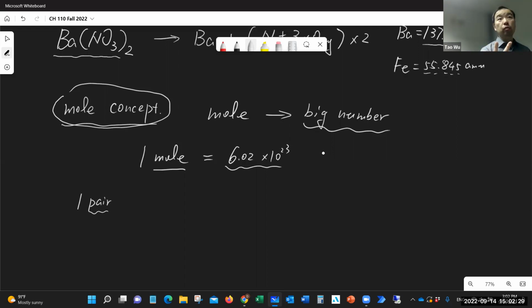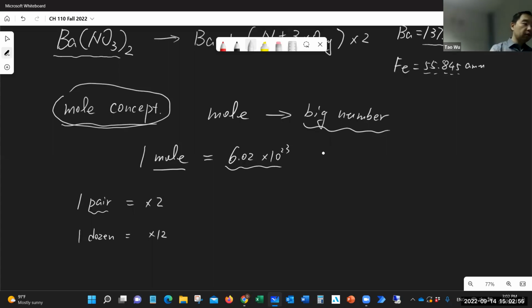Pair means 2, so 1 pair is just times 2. And 1 dozen means you multiply by 12. 1 dozen means 12, 2 dozen means 24. So 1 mole is equal to 6.02 times 10 to the 23rd, and 2 moles is just double that number.